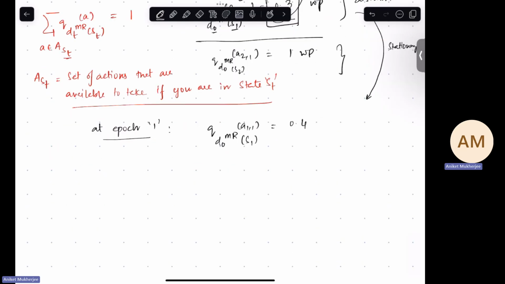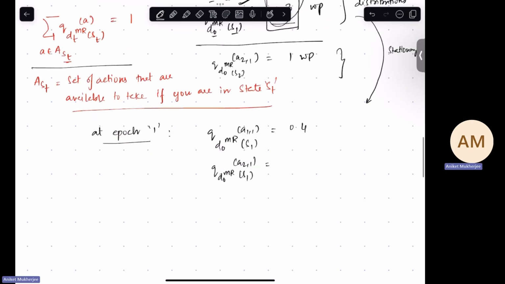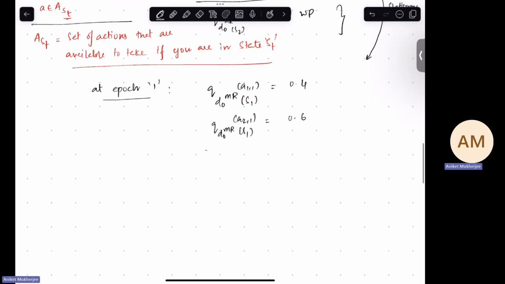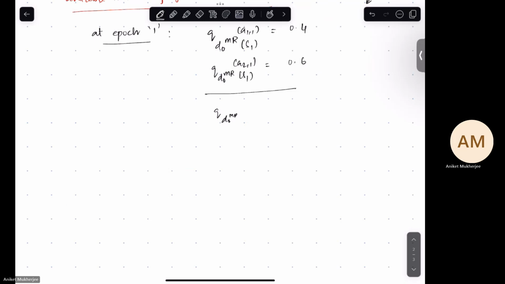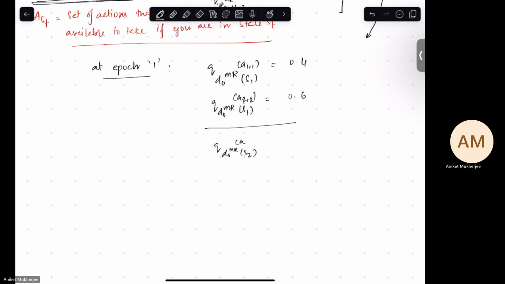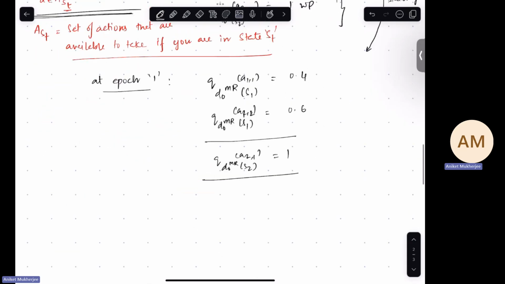So yeah, Q_d1 MR, S1, A12, and from this definition you have to fill this with 0.6. And again, if you are at state S2, then you can only take action A21. So this is 1.